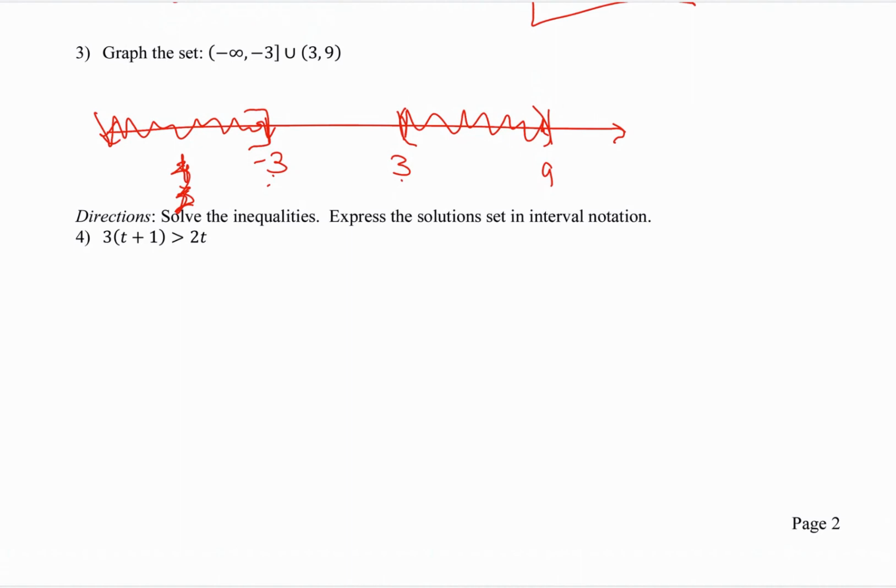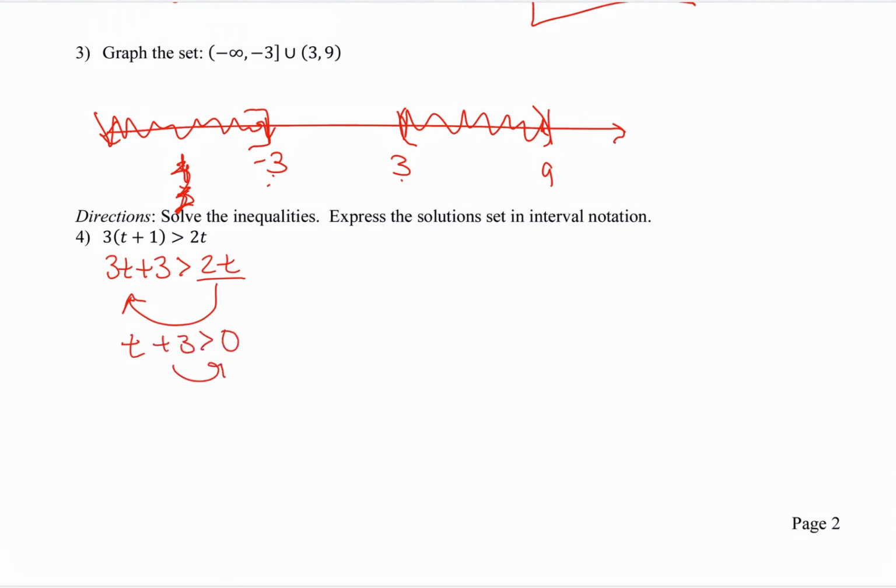All right? Now, let's show how to solve and write in interval notation a linear inequality. First thing we're going to do is distribute the 3. So we have 3t plus 3 is greater than 2t. Now I like to keep things positive, so I'm going to move this to this side. So I have t plus 3 is greater than 0.